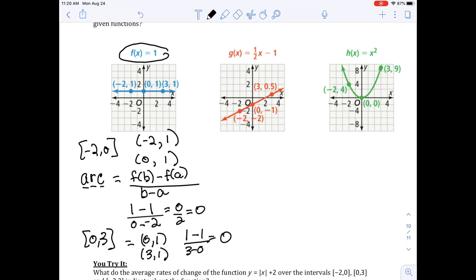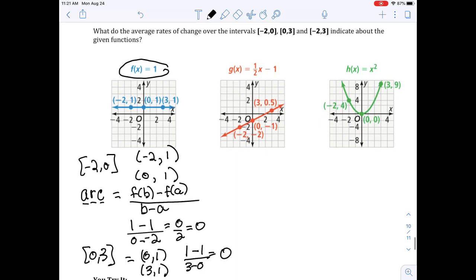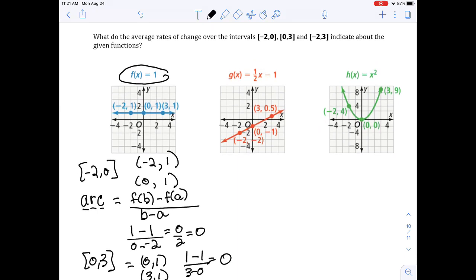That's because this is a horizontal line. And with a horizontal line, your average rate of change is going to be constant because the slope of that line is constantly 0. Okay, let's try the next one. We don't need to do that last interval.